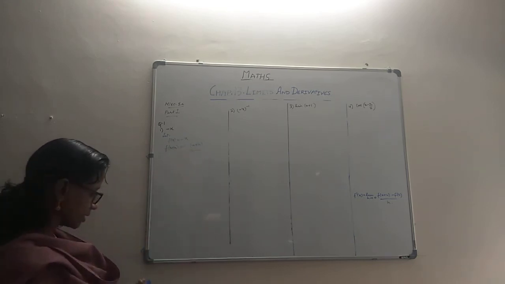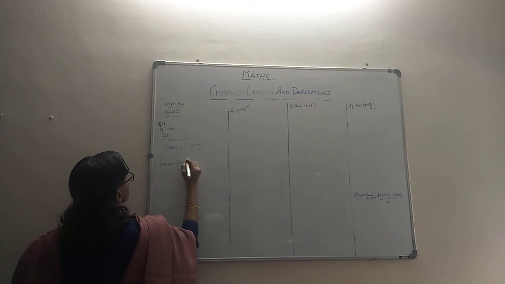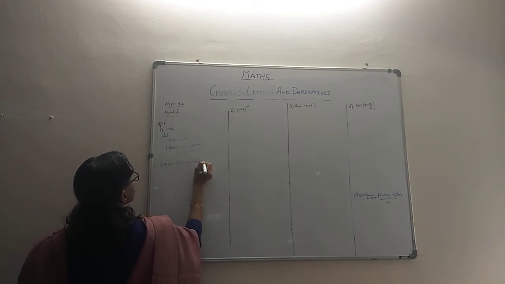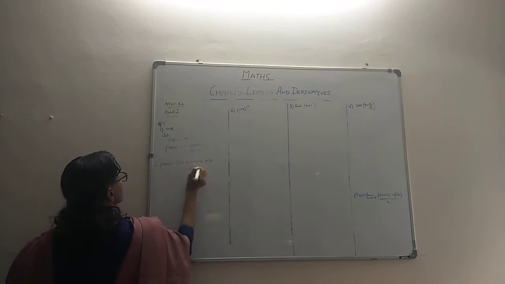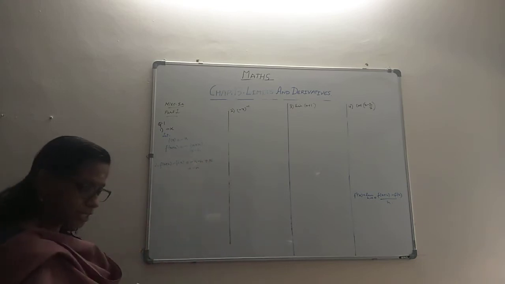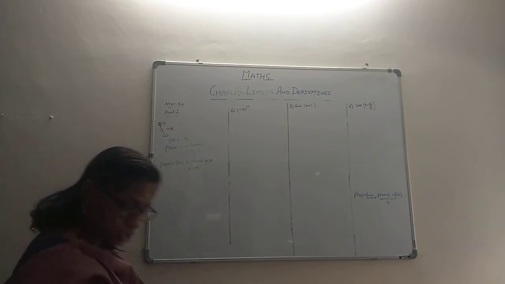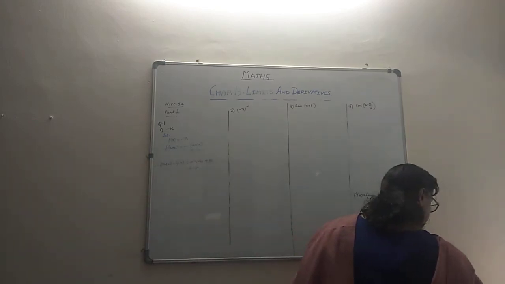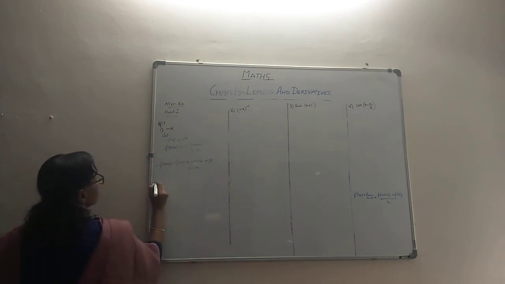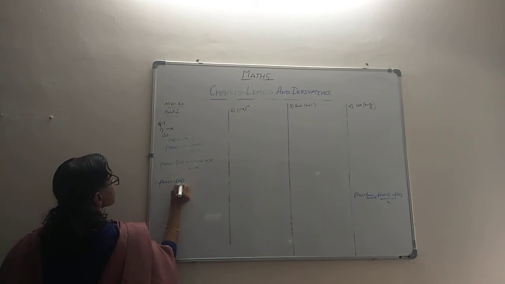Then we can take the next one. Next step, it is f of x plus h minus f of x. So how much will come? Minus x minus h minus of minus x plus x. So finally it's only minus h. Now in the next step, it is to find out f of x plus h minus f of x by h.